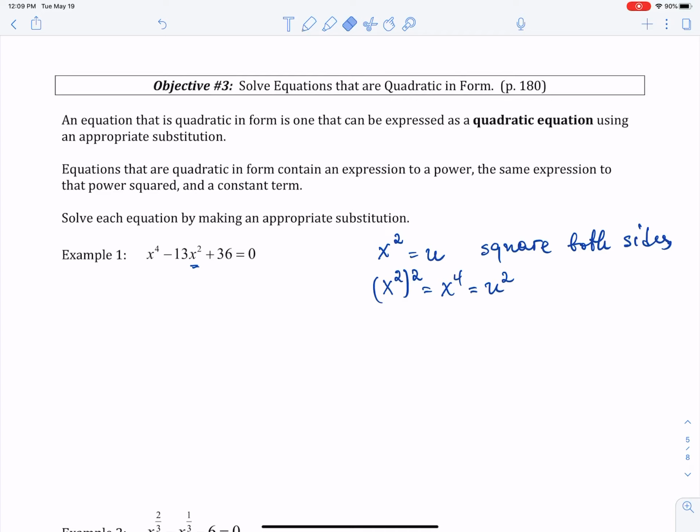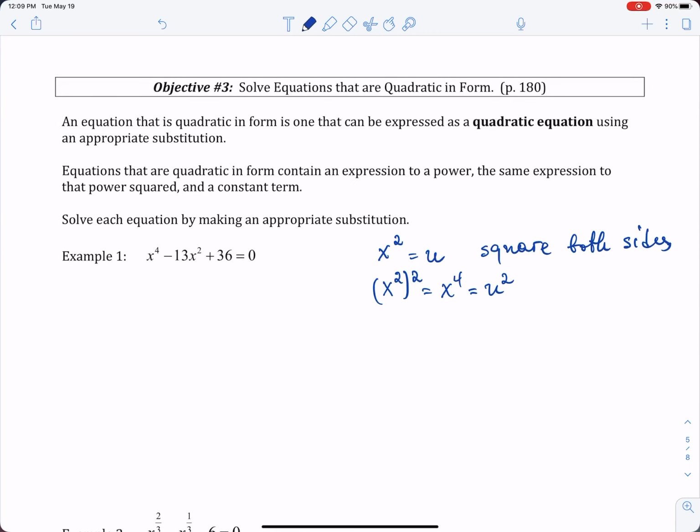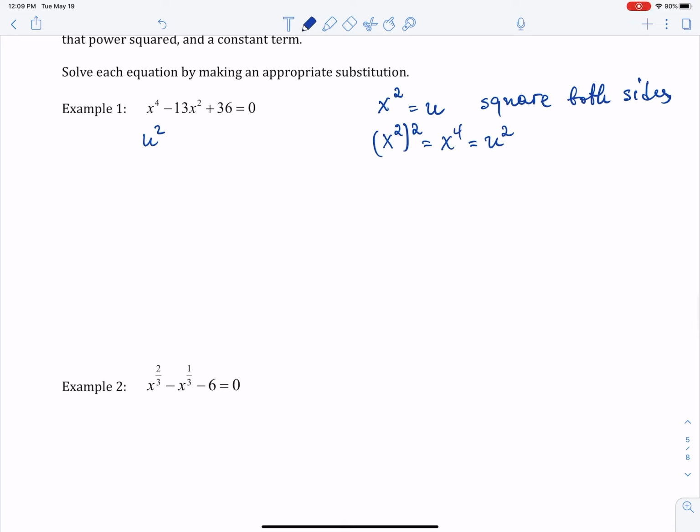So in the example here, every time I see x to the fourth, I'm going to put u squared instead. And every time I see x squared, I'm going to put just a u.